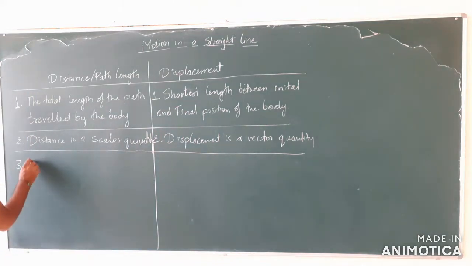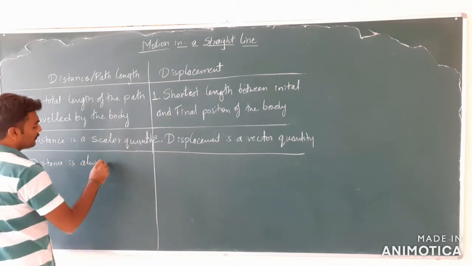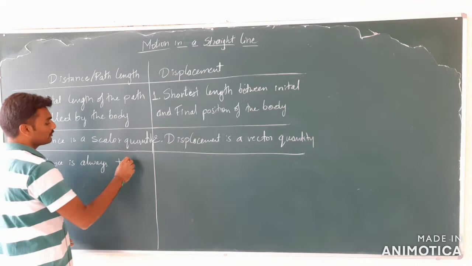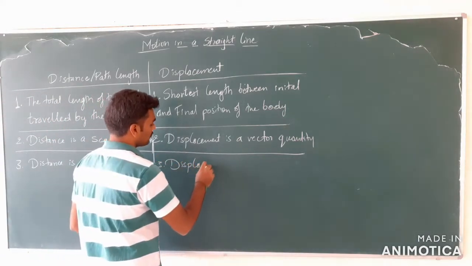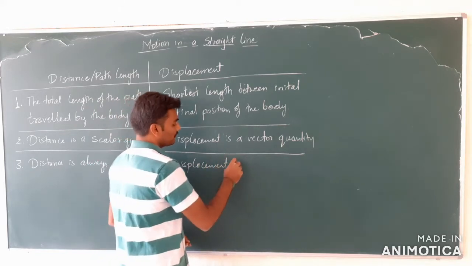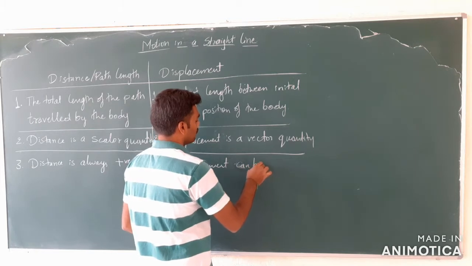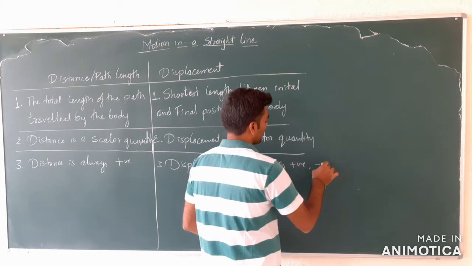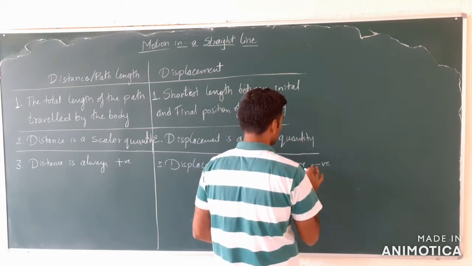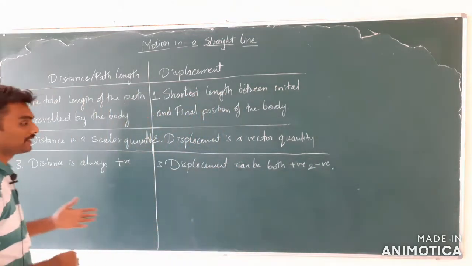So, distance is always positive, right? Displacement can be both positive and negative. So this is the third difference.